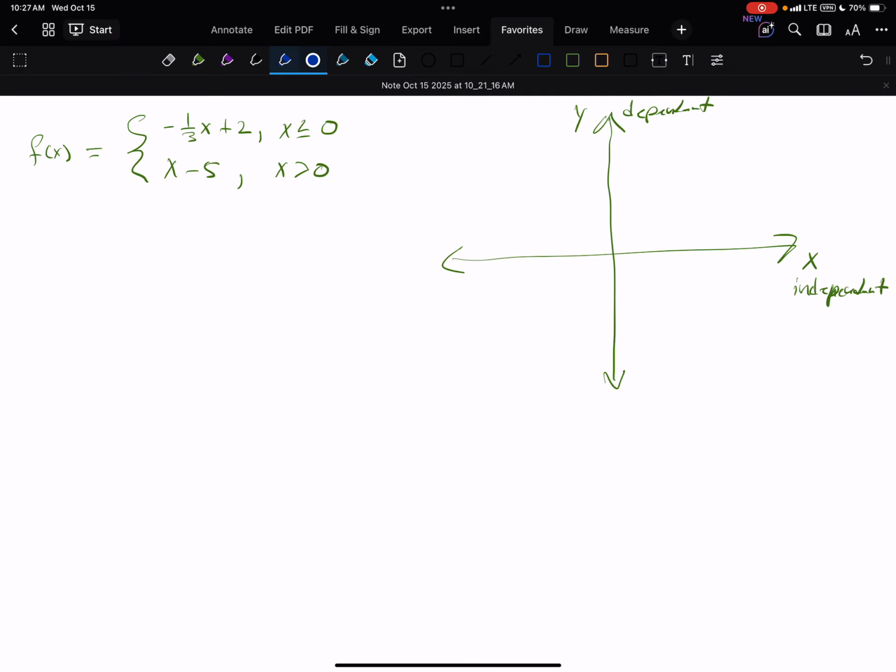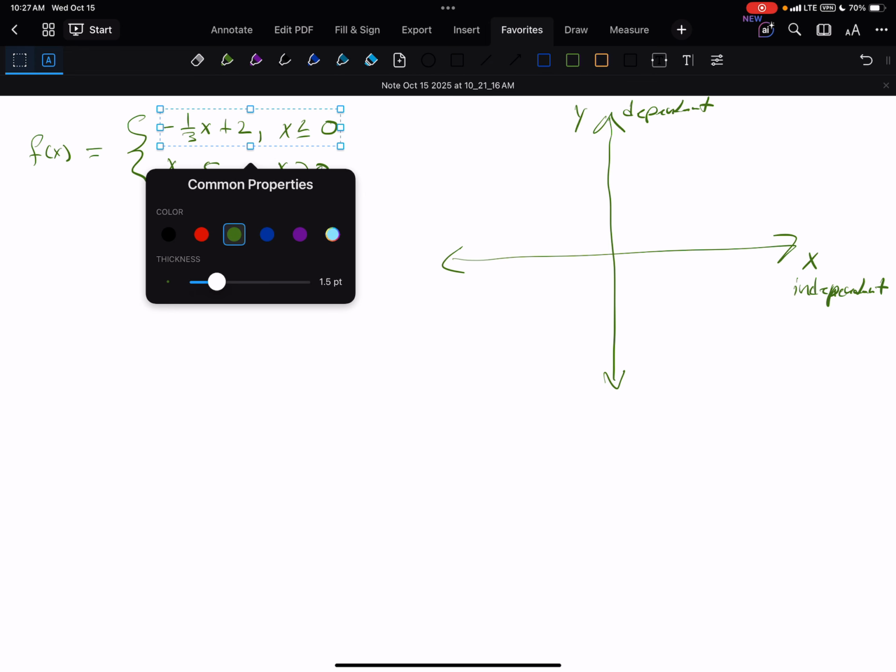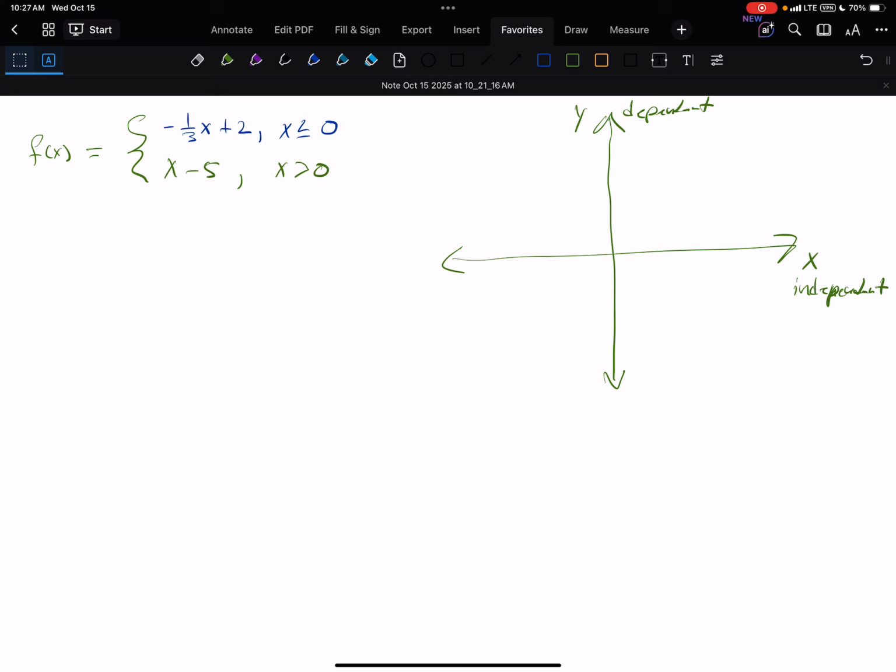Well, let's color code this just for the sake of this demonstration. So let's go with blue for the top row, and let's go with purple for the bottom row, because those are two colors that usually look nice and different from each other. And so the blue line, the top row line, that's for x less than or equal to 0. So I could evaluate that at x equals 0 and find out what it is. Well, that's going to be my y-intercept, right?